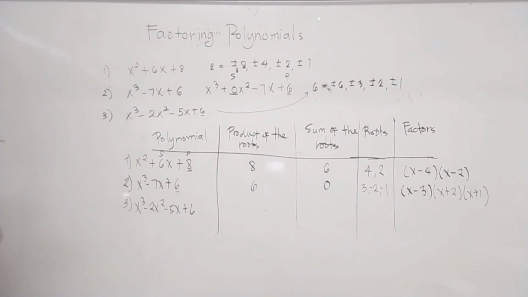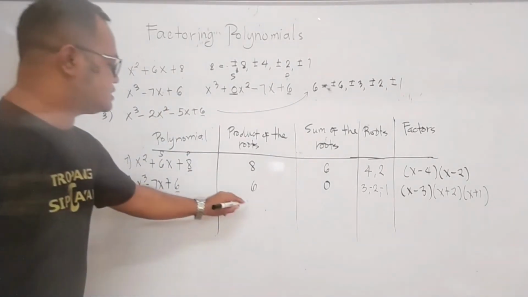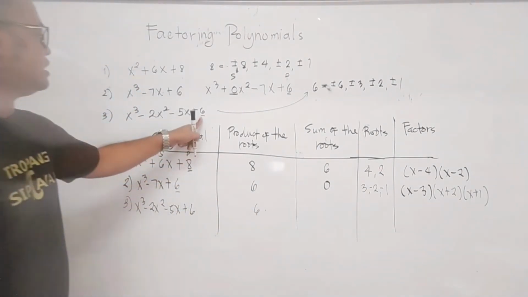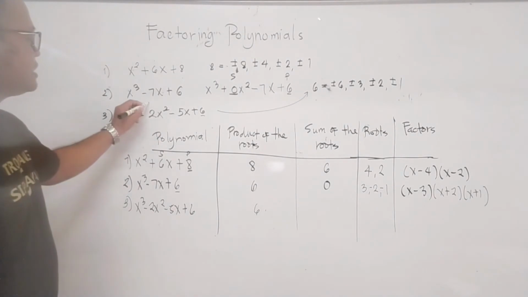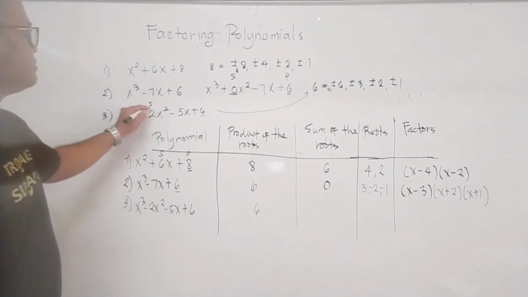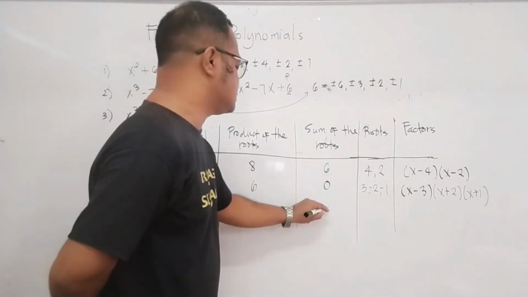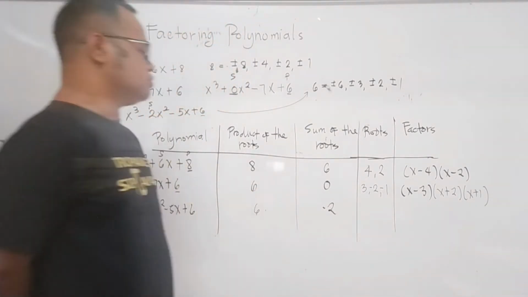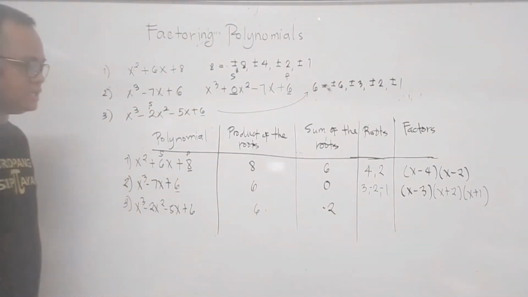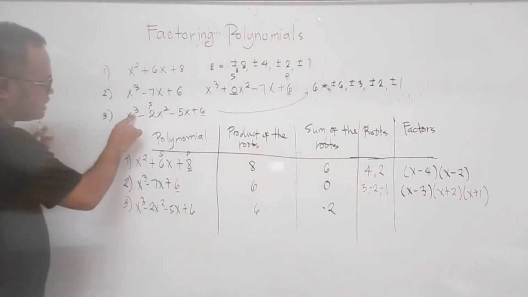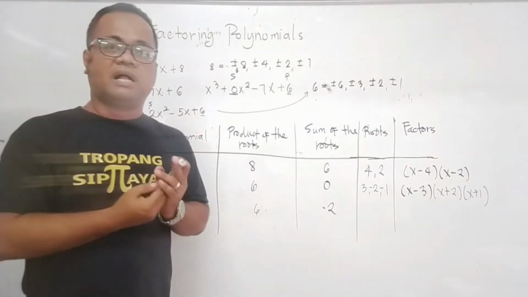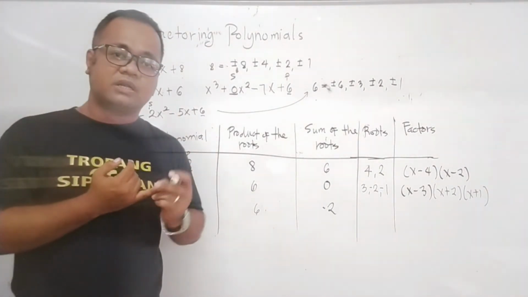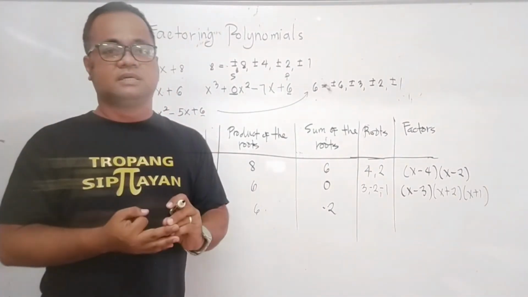Now, what is the product of the roots? The product of the roots is 6. And the sum of the roots is not 5 but 2, negative. So the sum of the roots is negative 2. Now, since the highest exponent is 3, we have 3 values of x: x of 1, x of 2, and x of 3.